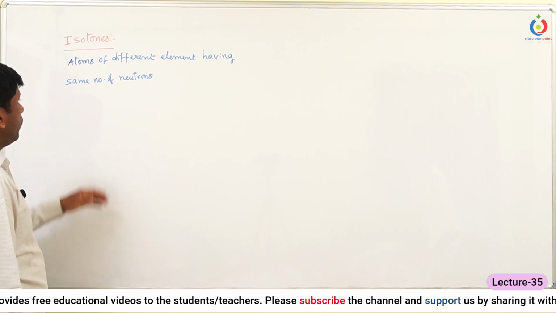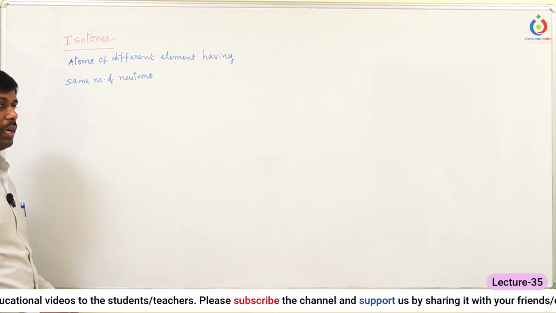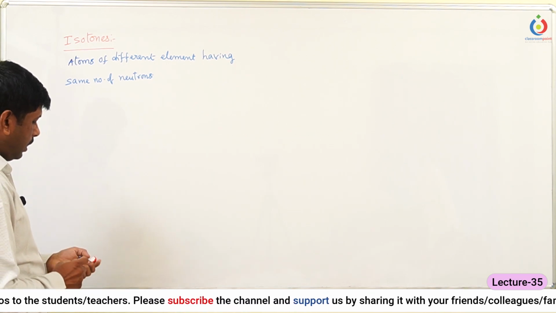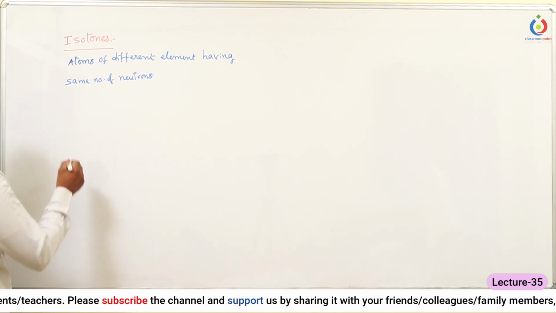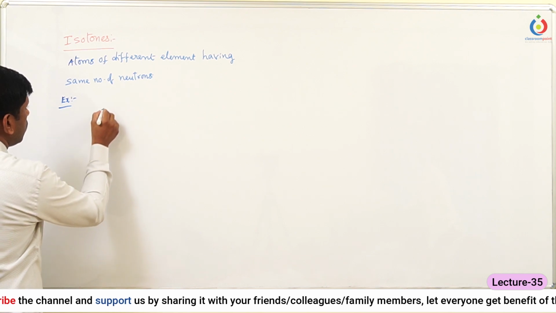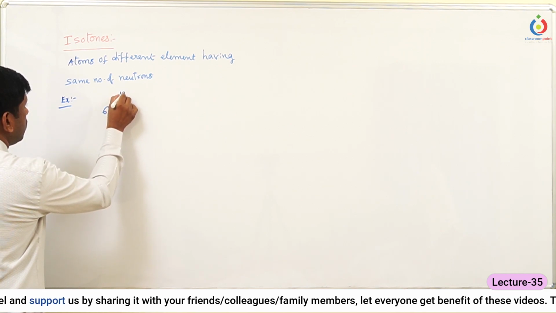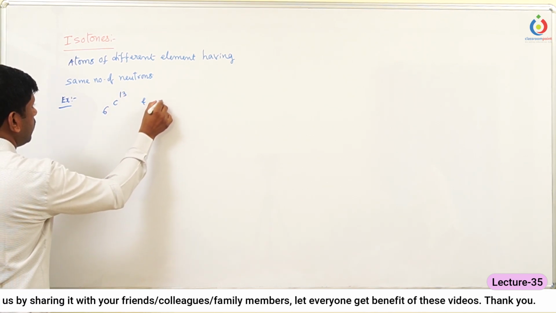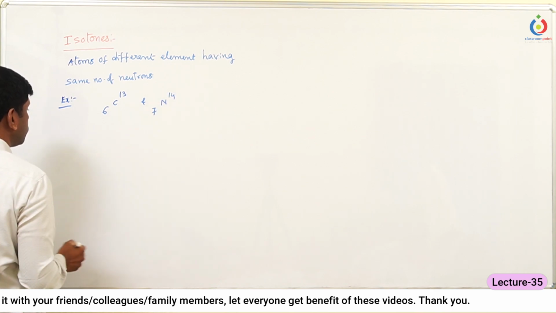Only number of neutrons are the same, remaining values are different. So let us see an example here. 6 carbon 13 and 7 nitrogen 14.